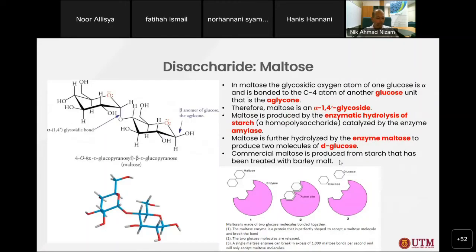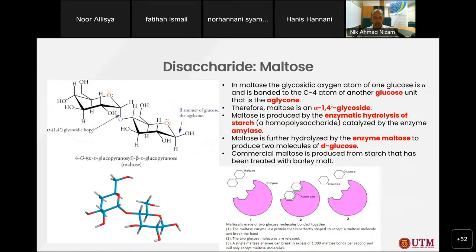Okay, another disaccharide is maltose. Maltose, you can see here, is a combination of two glucose. In maltose, the glycosidic oxygen atom of one glucose is alpha.